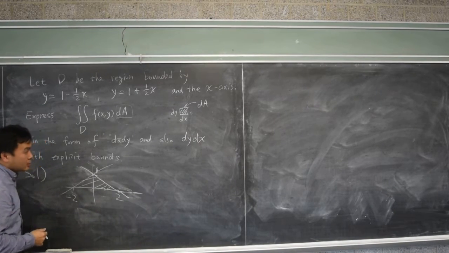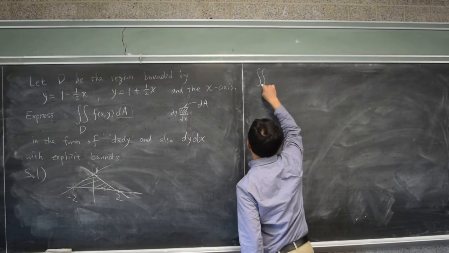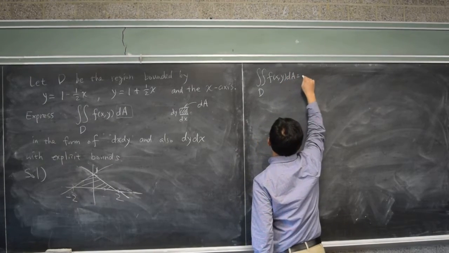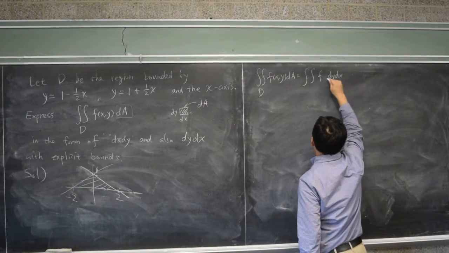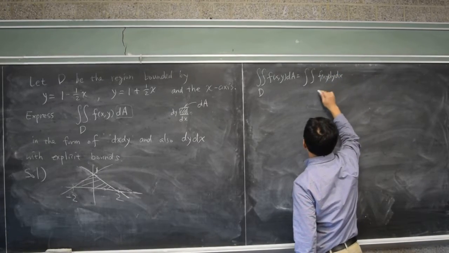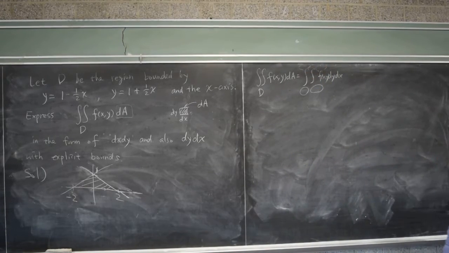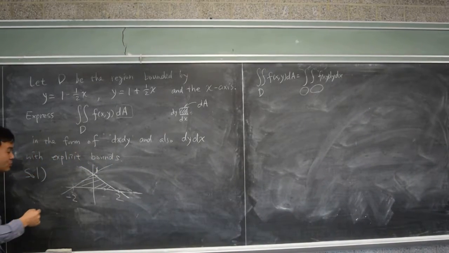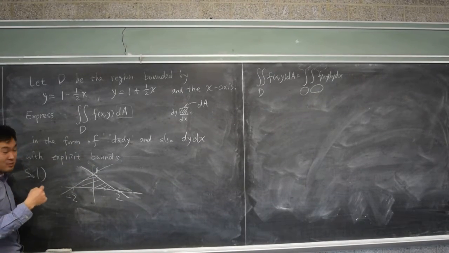Now let's first try dy dx. I'm really trying to figure out what goes in here and there. Having dy inside means you're painting this region upwards, because dy is the increment in the y direction.